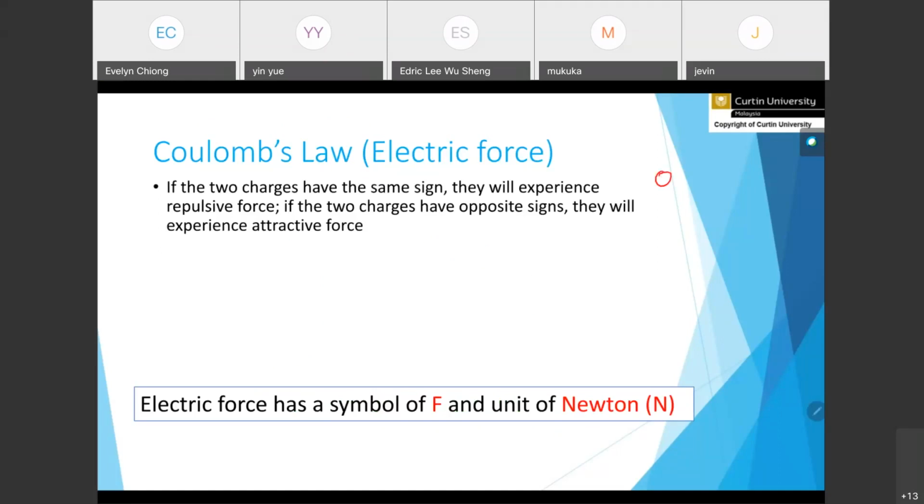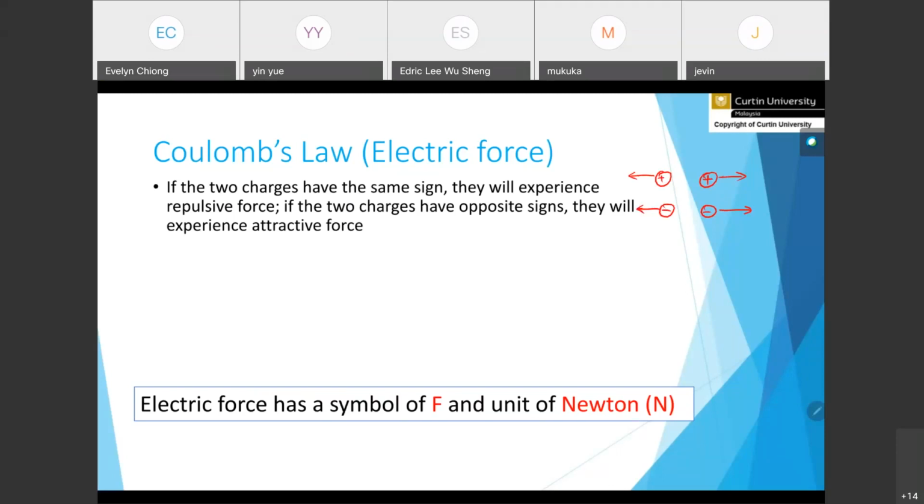Let's say you have a positive and positive. They will not attract each other, but they will go different ways. They will repulse each other. Same goes if you have negative and negative.